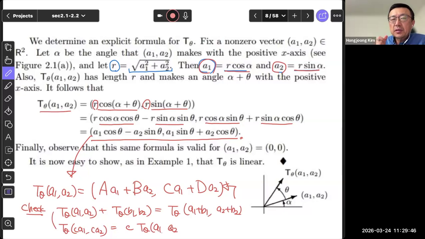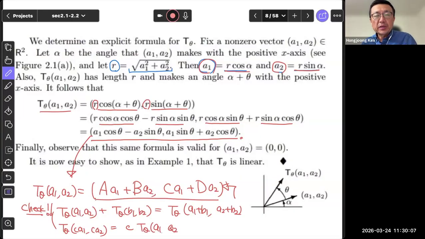So in that sense, this rotation is a linear mapping. We know that this rotation is a linear mapping intuitively, but we can also check mathematically that this t defined in this form will be always a linear mapping.